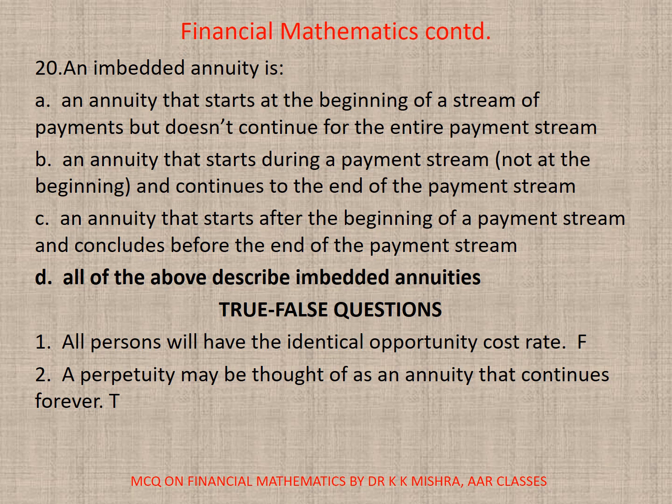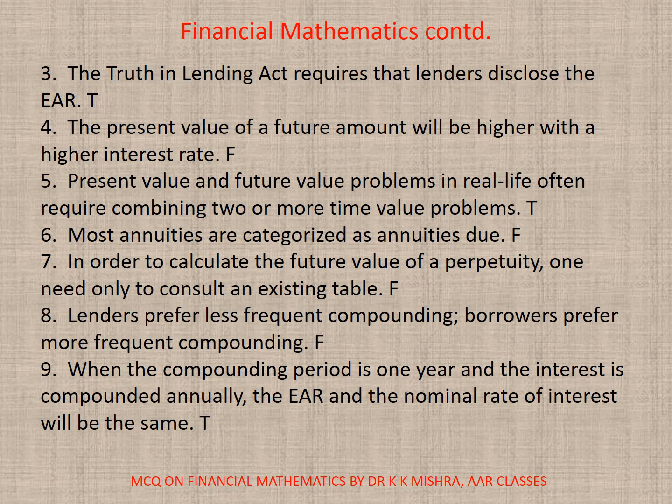It's true. 3. The Truth in Lending Act requires that lenders disclose the EAR. True. 4. The present value of a future amount will be higher with a higher interest rate. False. 5. Present value and future value problems in real life often require combining two or more time value problems. True.